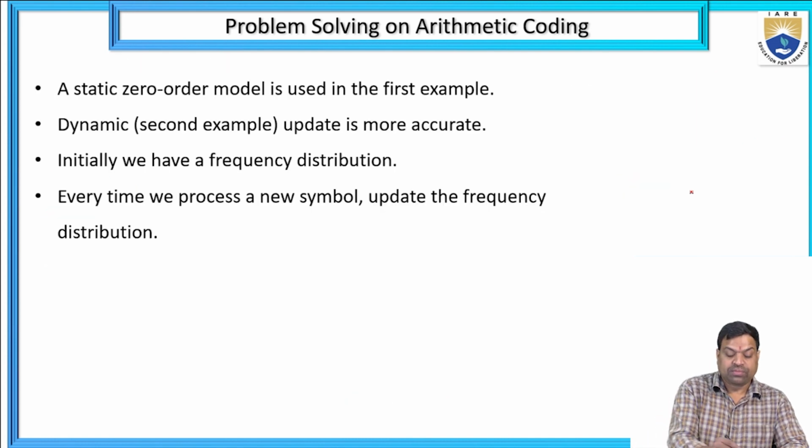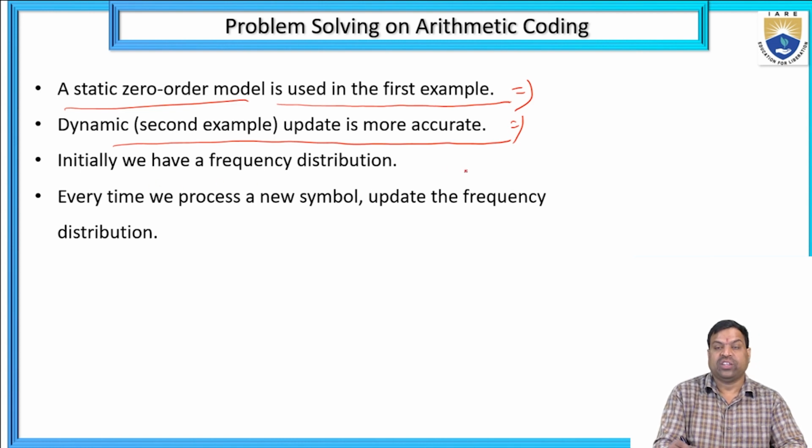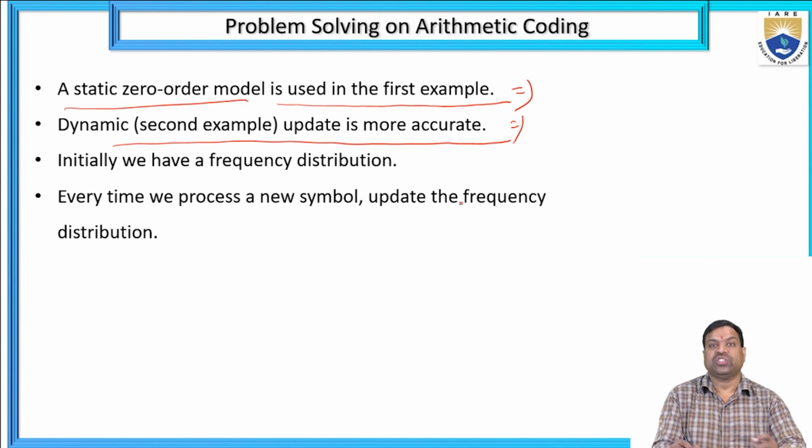A static zero order model is used for the first example I showed. In the second example, the dynamic one, the value is accurate. Initially we take the frequency distribution, but every time we process a new symbol, we update the frequency distribution.